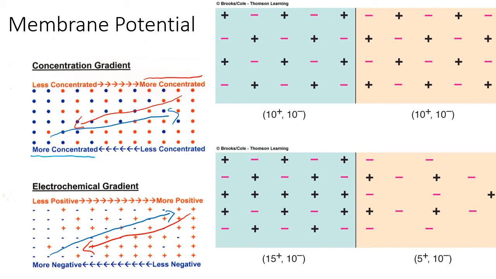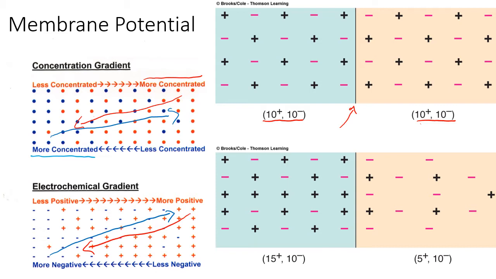And so eventually they're going to have a balanced charge on either side here. We have the same number of positives and the same number of negative structures on either side of our membrane. And we can change that and alter what we have as far as the particles are.